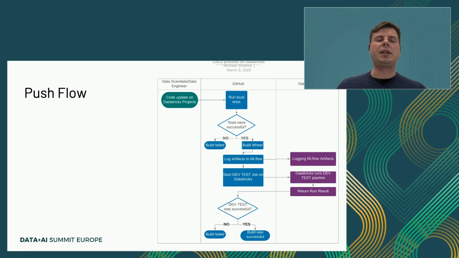After that, we will run our local unit tests. If the unit tests were successful, then we will build the wheel, and we will deploy it to the Databricks workspace, and then we will run our integration tests on Databricks. And if our integration tests on Databricks were successful, then we will mark our commit as a successful commit, with a green check mark.